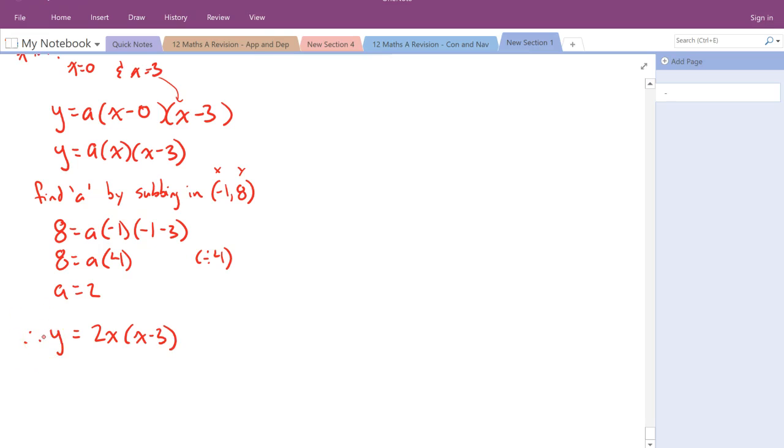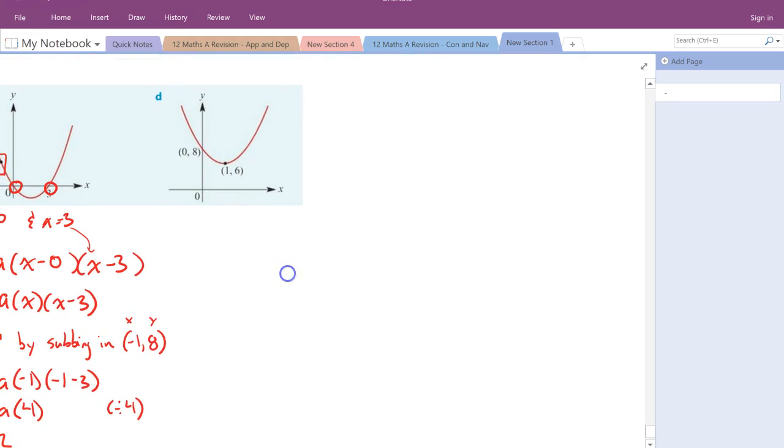Next one. We are given a turning point. The turning point equals 1, 6. Therefore h equals 1, k equals 6. So y equals a times (x minus h) squared plus k.